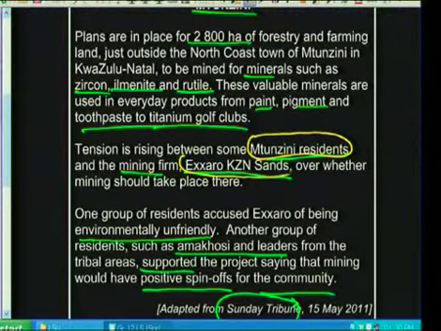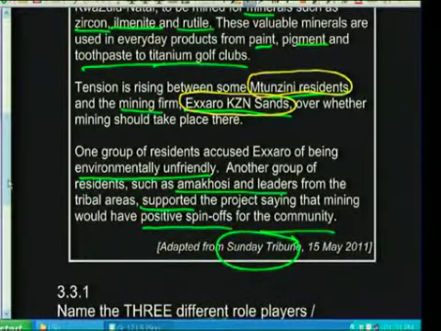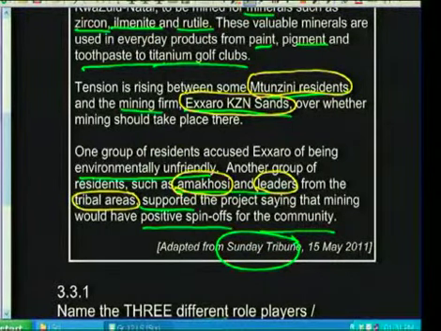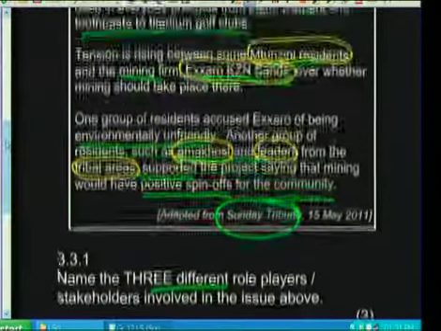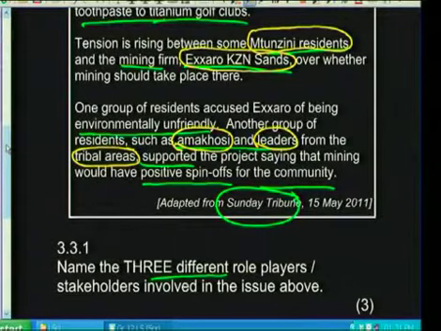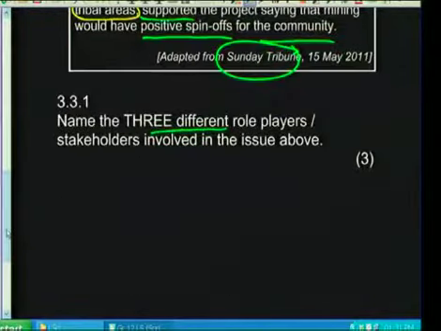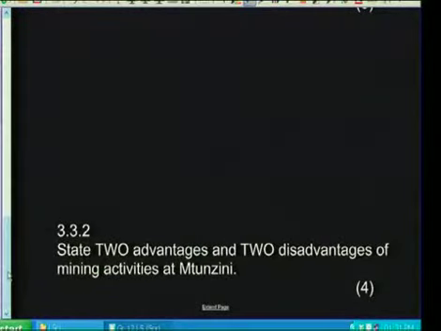The Exxaro, KZN Sands, so it'll be that mining company. Also, we've got the Amakosi and leaders from the tribal areas that are all affected by this project. So we've identified the residents, the mining firm Exxaro, Amakosi, and leaders from the tribal areas as individuals that will be affected by this project.